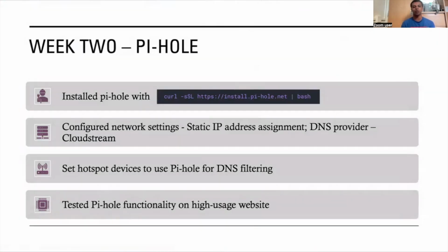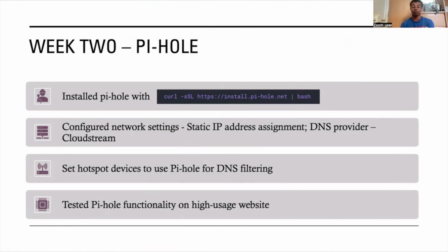Moving on to week two, which is mainly installing the Pi-hole. I installed the Pi-hole with this line, as you can see, curl with SSL piped to bash. This installed the Pi-hole on my Linux administration system. After that, I configured the network settings. I assigned a static IP address, and I assigned the DNS provider as Cloudflare.